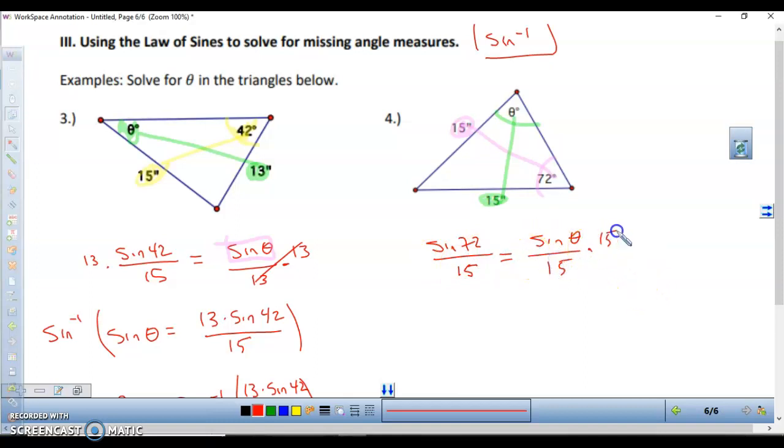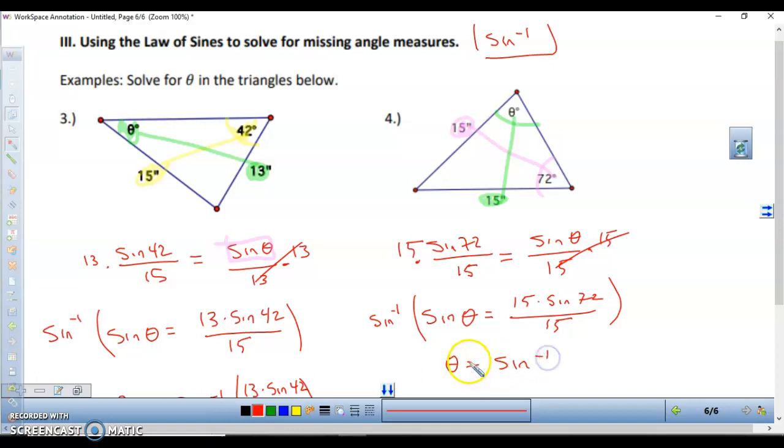I'll multiply both sides by 15, just like I did in the previous problem, and I get that the sine of theta is equal to 15 times the sine of 72 degrees divided by 15. Then I will inverse sine the entire equation, so both sides. Inverse sine and sine cancel, giving me theta. And then when I inverse sine this stuff on the right, I'll punch it in my calculator.